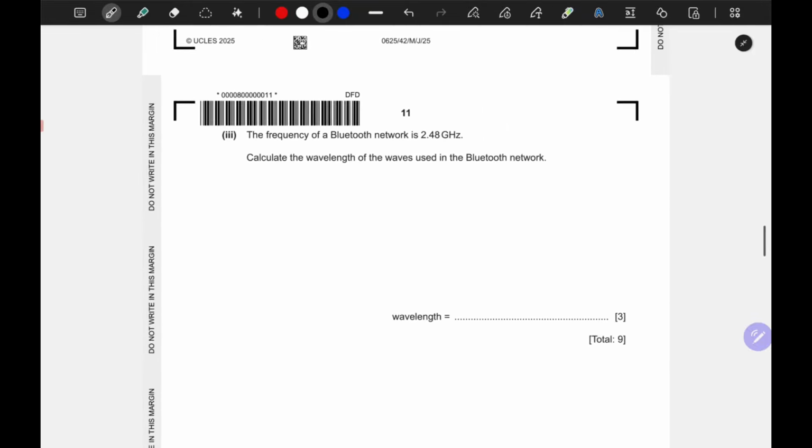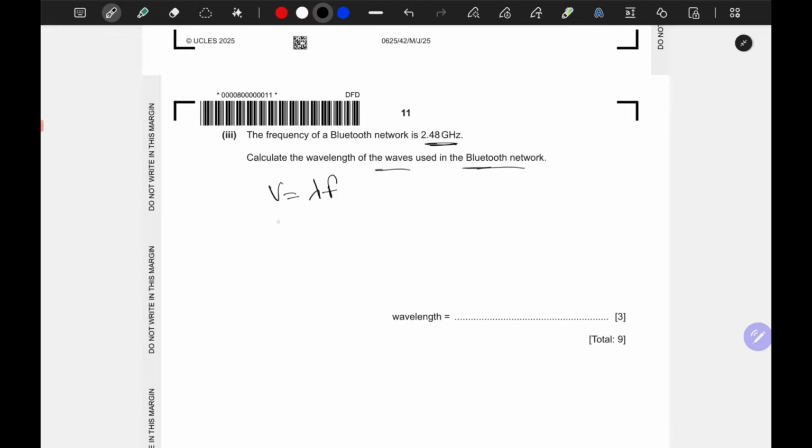Part 3. The frequency of a Bluetooth network is 2.48 gigahertz. Calculate the wavelength of the waves used in the Bluetooth network. So we can use the speed formula, v equals lambda f.